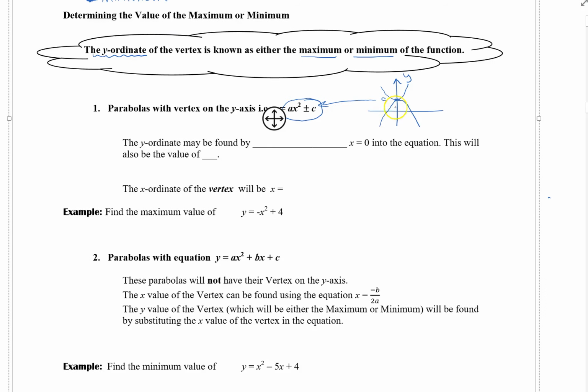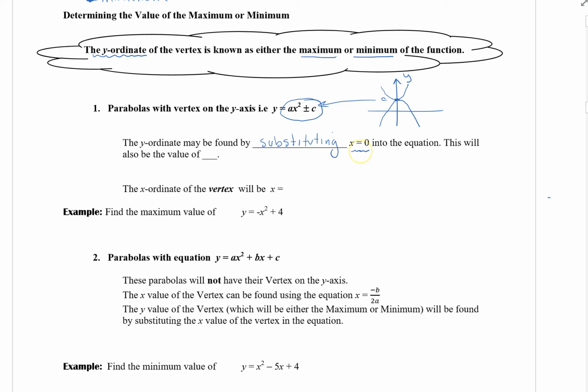So remember that I said that the vertex would be on the y-axis. The y-axis is where x is 0. So if we've got the equation, the y-ordinate may be found by substituting x equal to 0 into the equation.